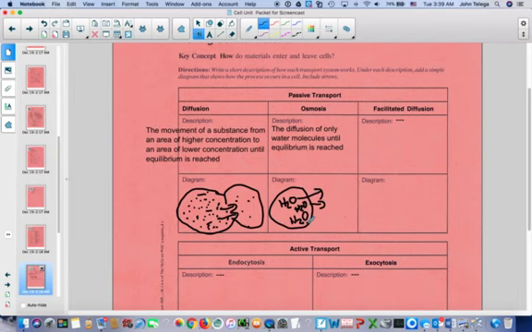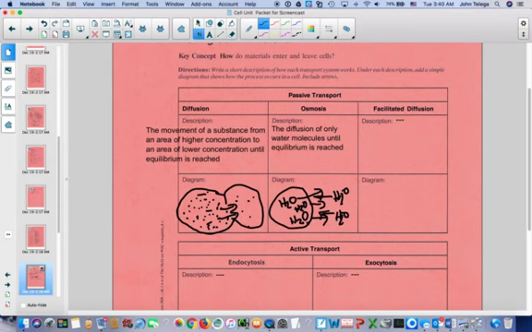So it's just the transportation of H2O, and then they got some H2Os that are going the other way until balance is reached as far as the concentration goes.